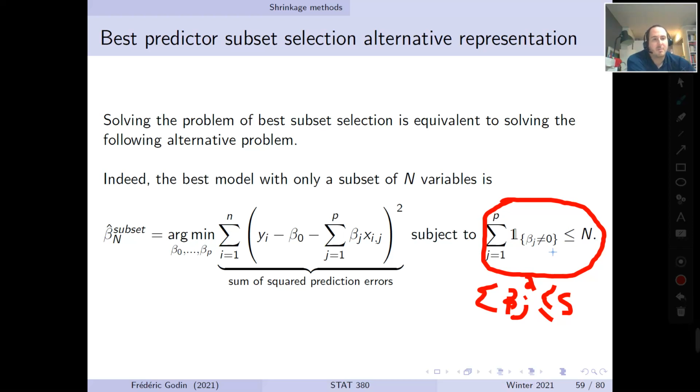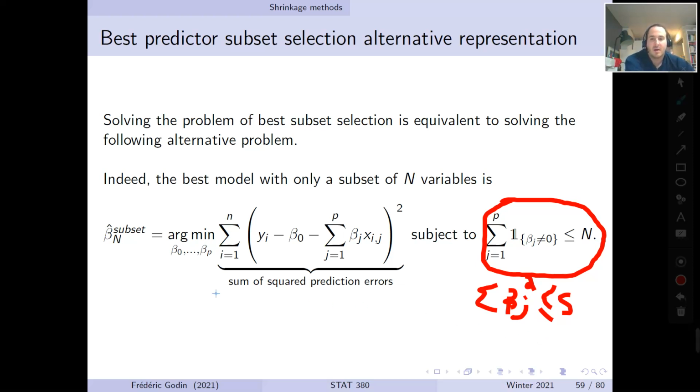So both problems are analogous, but what changes between the ridge regression and the best predictor subset is the constraint, or the budget allowed for parameters to depart from 0 or small values.